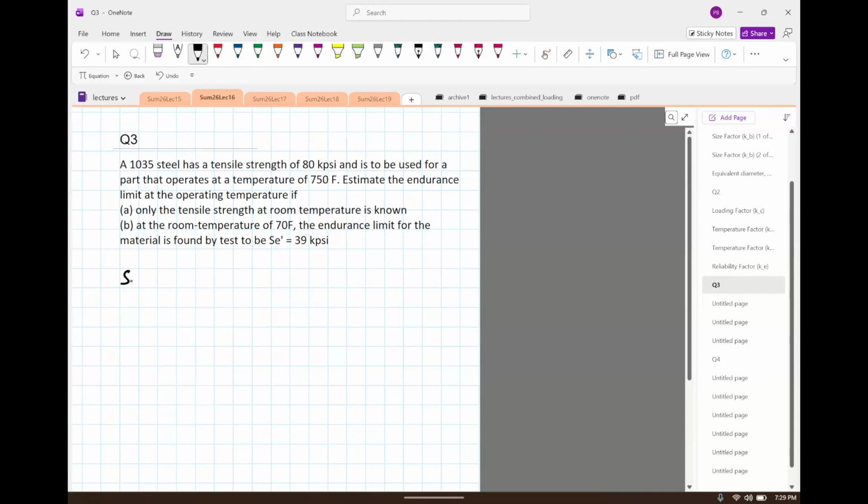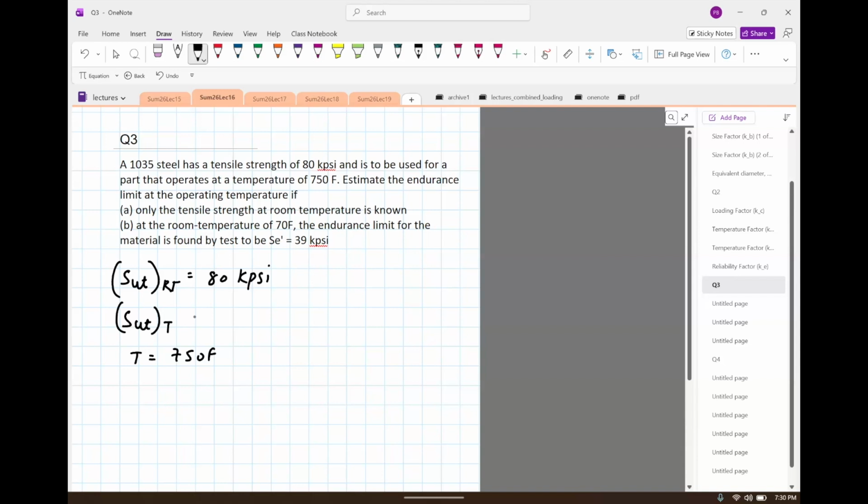So SUT, and I will be very specific here, this is at room temperature, 80 kpsi, and to be used for a part that operates at temperature 750 Fahrenheit. So SUT at T is not known, but T is 750 Fahrenheit. Estimate the endurance limit at the operating temperature.